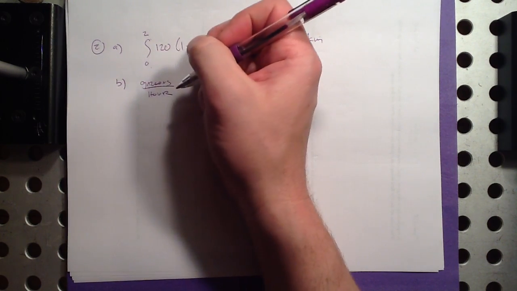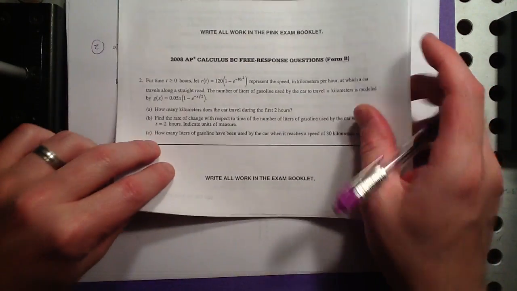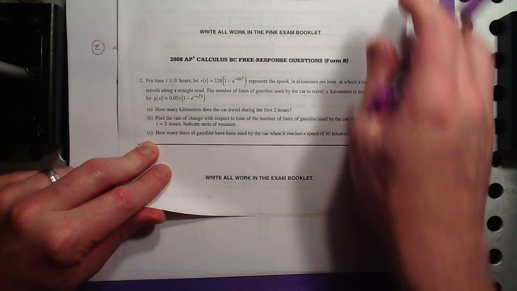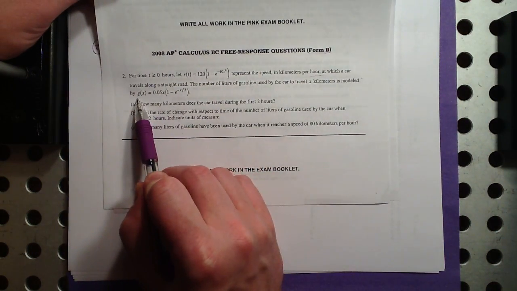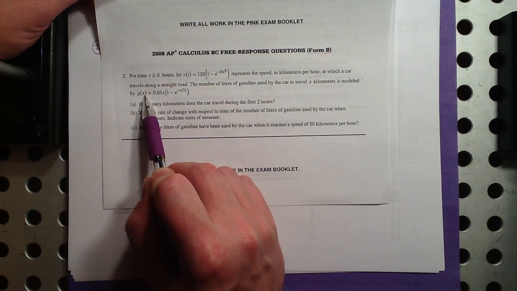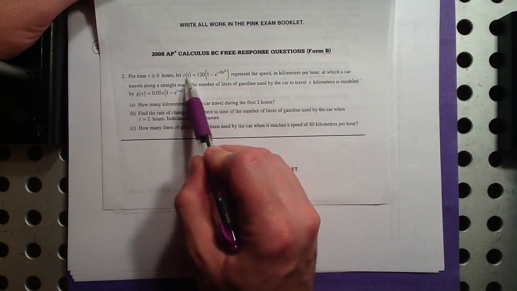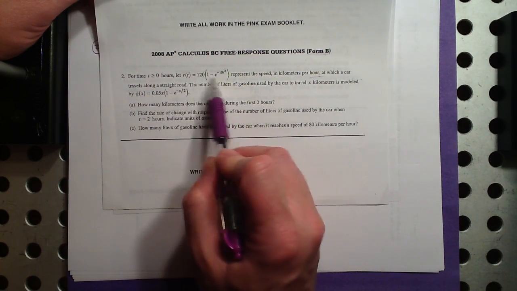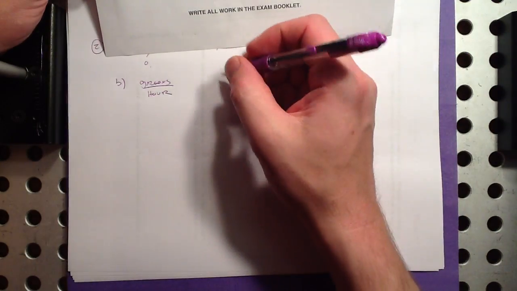Hour is the unit of time that I'm using because that's the unit of time that I have here. Now the problem here is the gallons function is a function of distance, and this is a function of time. So let's write those out and see what they are.